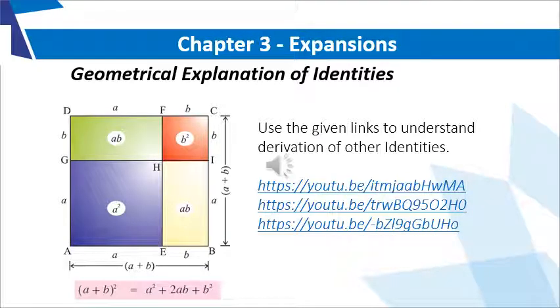Hence, the area of the complete square is (A plus B) the whole square, which is equal to A square plus 2AB plus B square. Use the given links to understand the derivation of other identities.